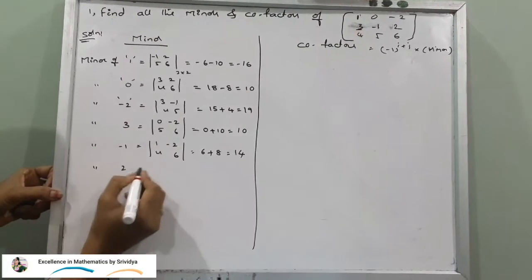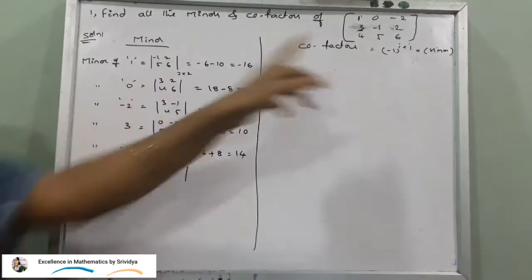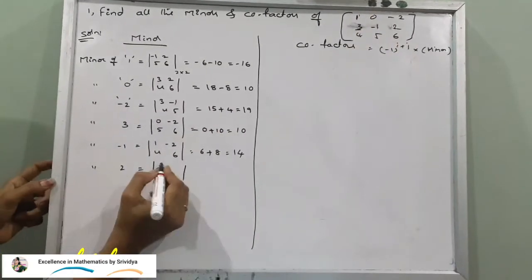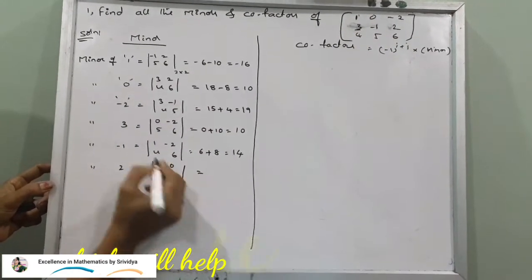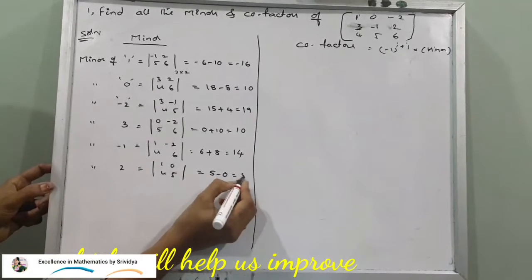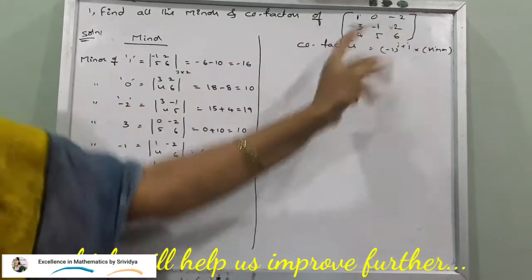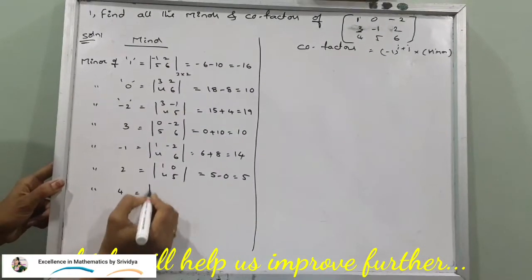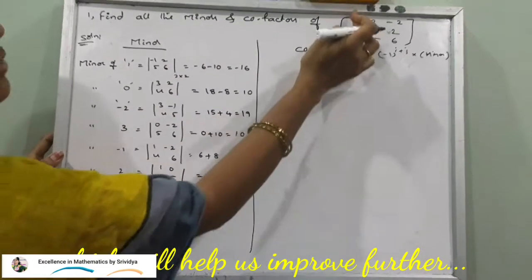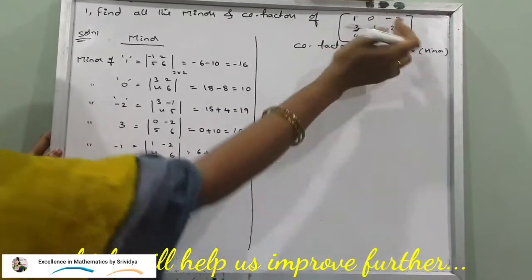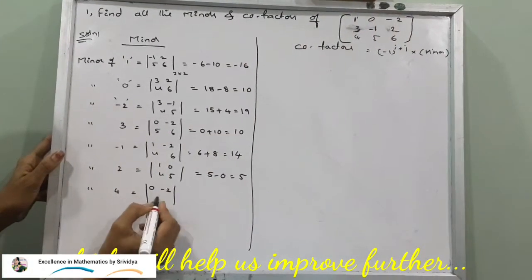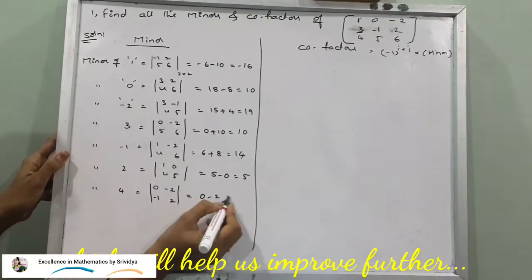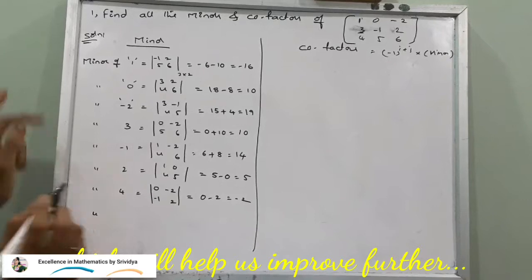Now the next element is 2. Eliminating its row and column, we get 1, 0, 4, 5, which is equal to 5 minus 0, which is 5. Second row finished. From the third row, first element, the minor of 4 is the determinant 0, minus 2, minus 1, 2, which is equal to 0 minus 2, which is minus 2.